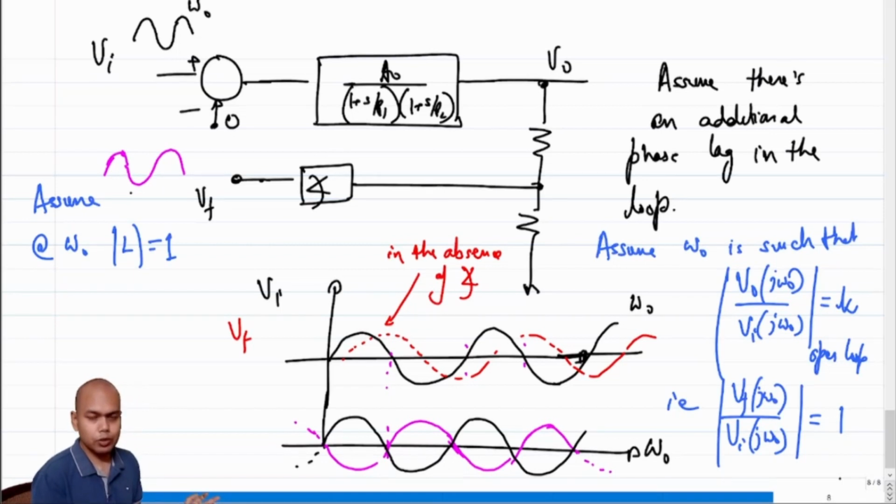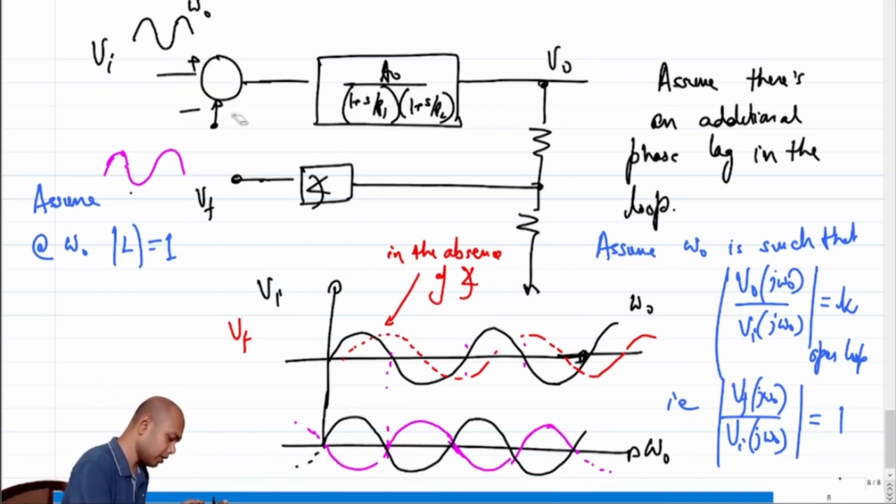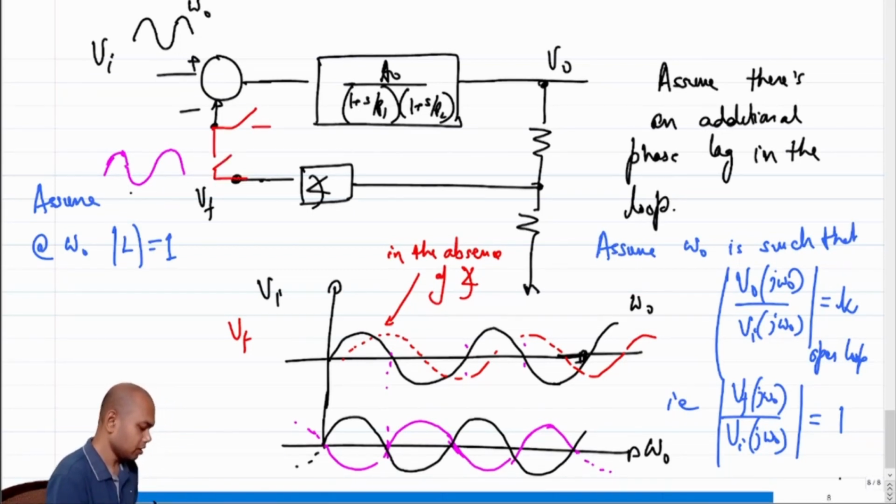Okay, so now what does this mean? As long as the loop is open, this doesn't mean anything. But let's do a thought experiment. Let's assume further that we had a switch. These are complementary switches. Let's assume this is phi and this is phi b.